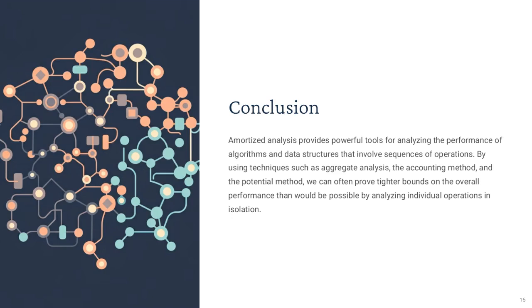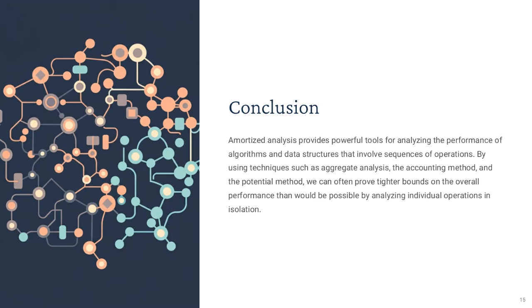In conclusion, amortized analysis is a powerful tool for understanding the performance of algorithms and data structures that involve sequences of operations. By focusing on the total cost rather than individual operations, it provides tighter bounds on performance and reveals the true efficiency of algorithms.